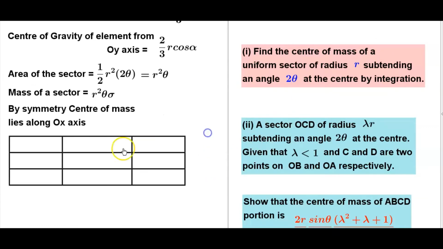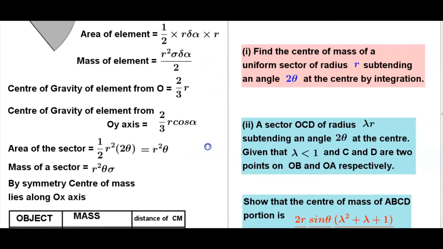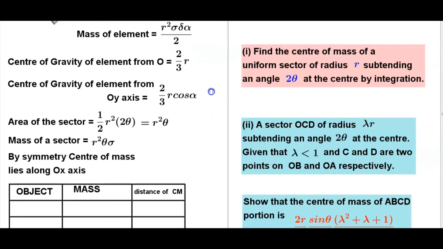Let's make a table chart: object, the mass, and the distance of center of mass. Here there are two objects, one is the element, the other is the sector.